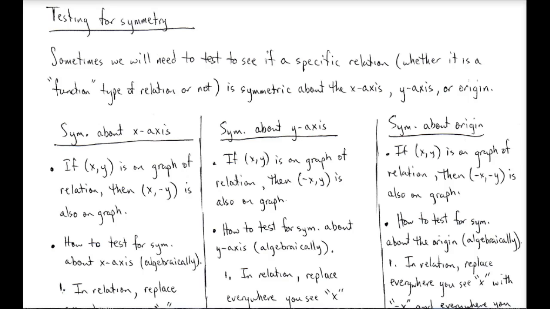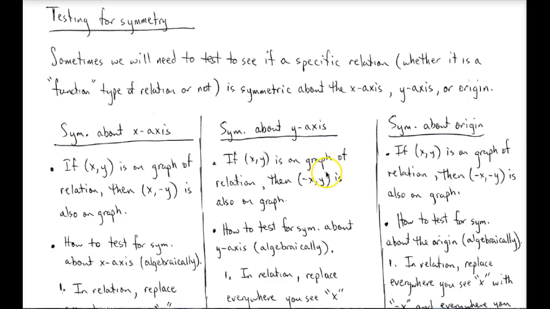Now, if you watch the first video that I've done about even and odd functions, or put another way, symmetry about the y-axis and symmetry about the origin, respectively, then you'll know that there is a certain point relationship on any graph of any function that is symmetric about the y-axis or the origin. And so I'm going to start with those and then go back and talk about symmetry about the x-axis.